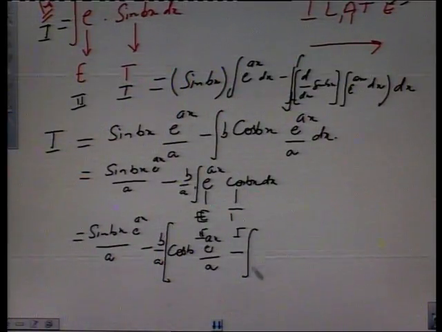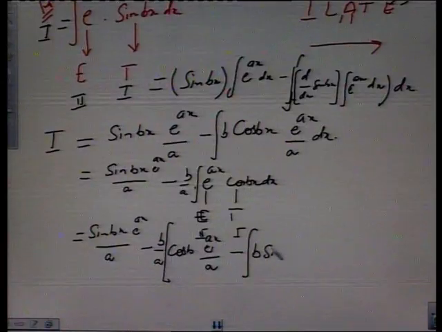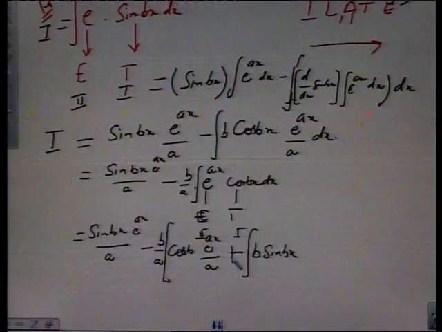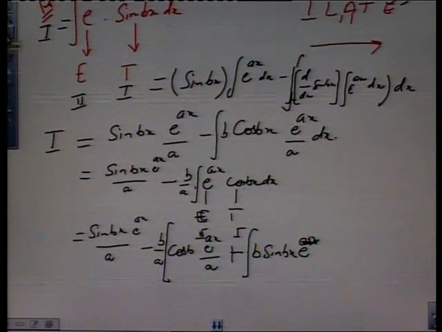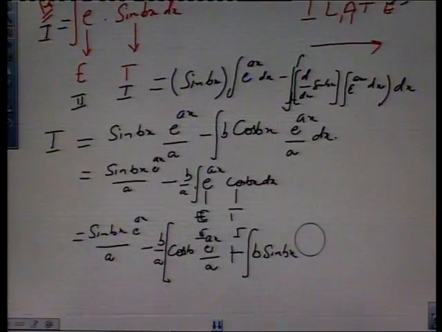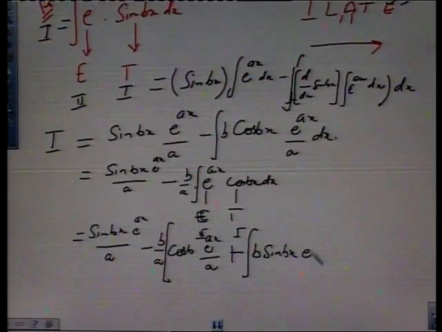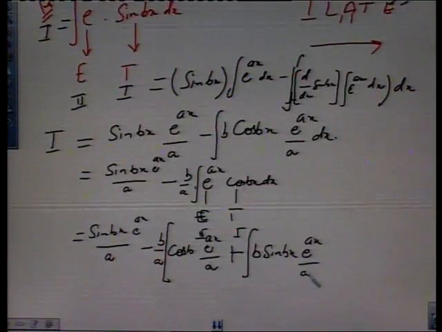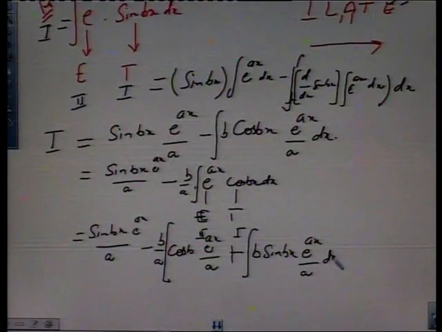Derivative of cos bx becomes b sin bx, and this minus gets out to be plus, and integration of e raised to power ax, we get e raised to power ax upon a into dx.